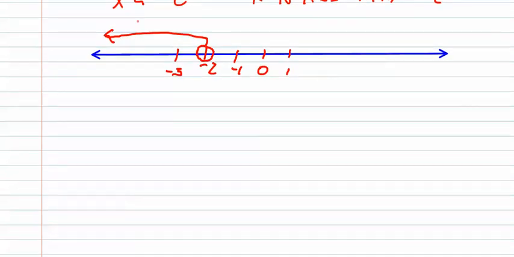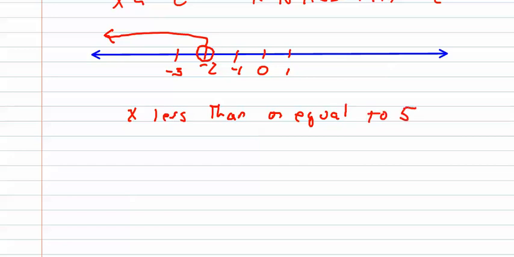There's sometimes when we graph numbers, we want to talk about numbers being less than or equal to. For instance, if x is less than or equal to a number, x is less than or equal to 5, how do we show that?